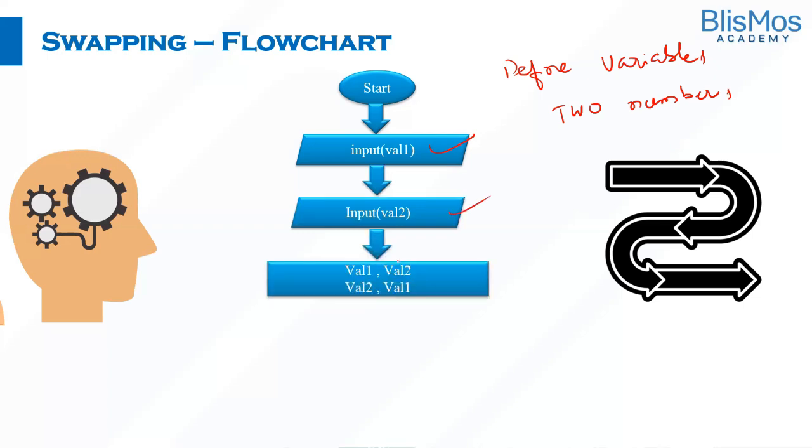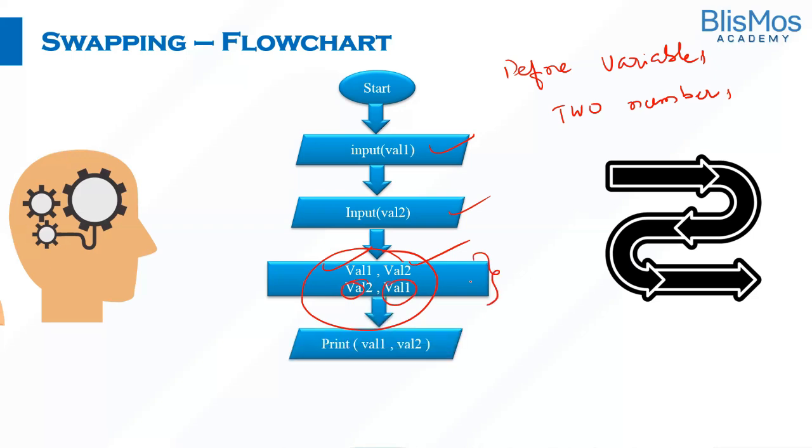Then go ahead and swap them. You have value 1, value 2, that becomes value 2 and value 1. This is what we want to do. So then after you reassign, you swap the numbers by some logic, which we will understand while writing the program. Then you print the values. That is when the numbers get swapped.